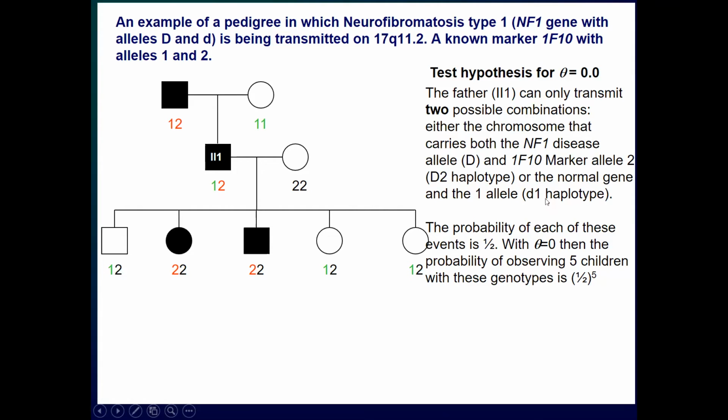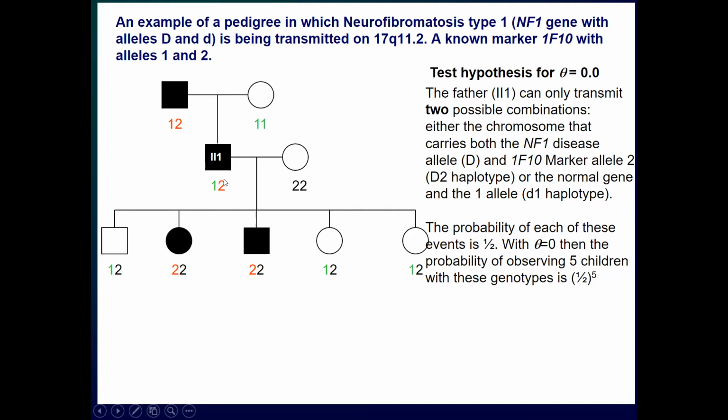So the d1 haplotype was inherited from the mother. And capital D2 was inherited from the father. Now, the probability of each of these events being transmitted to the next generation is also 0.5.